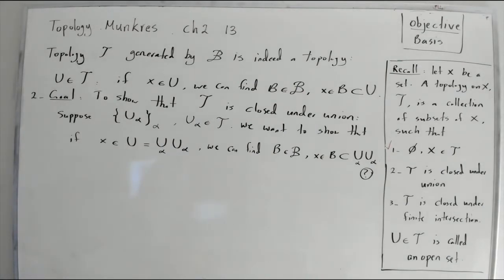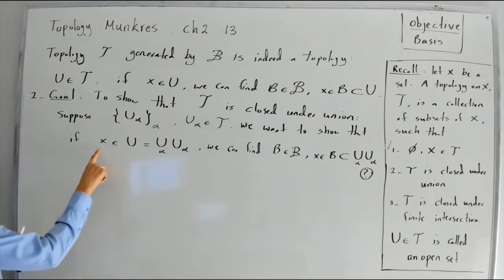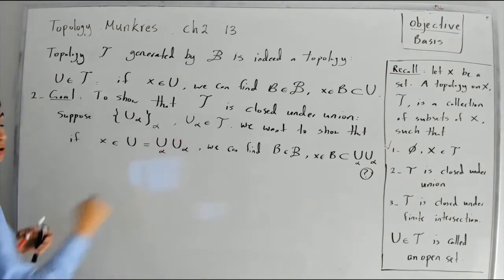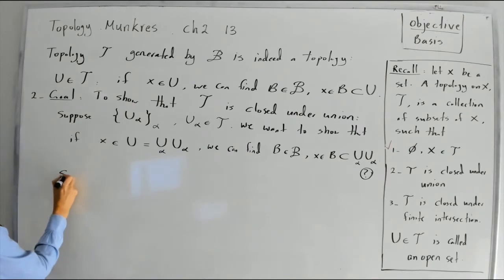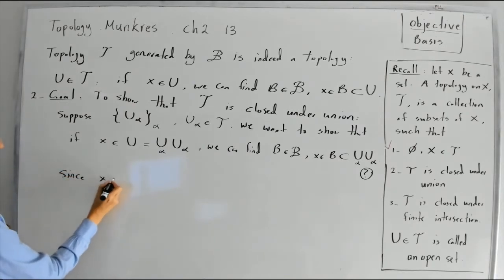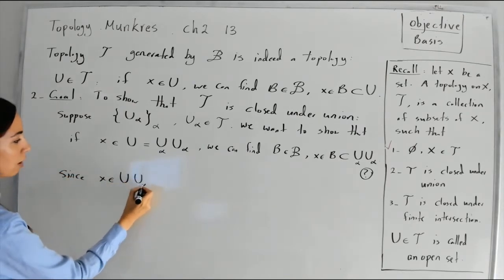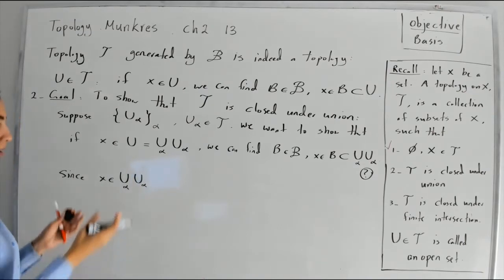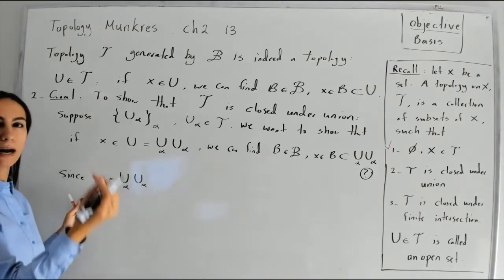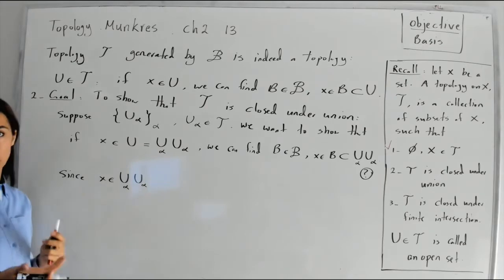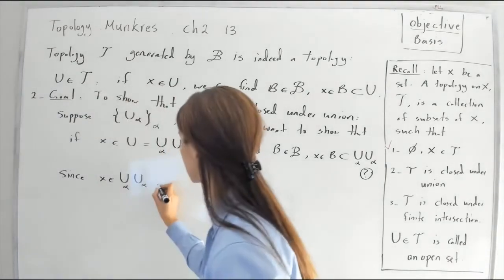Very well. So X belongs to this union. Since X belongs to the union of U alphas, it means that it needs to be a member of at least one of these sets.